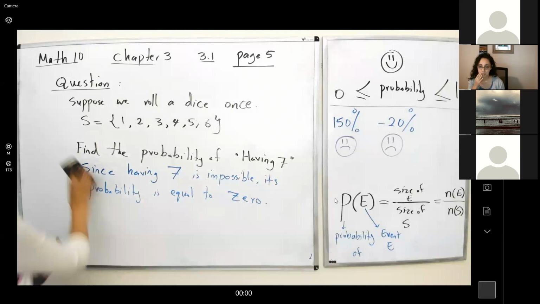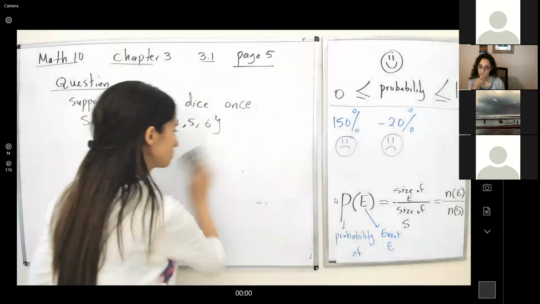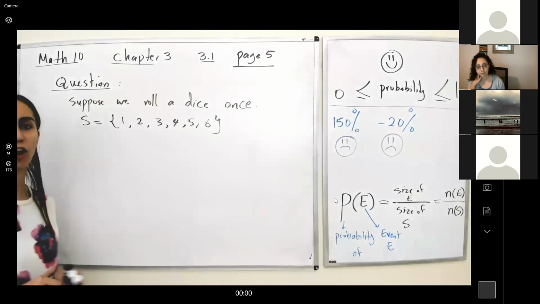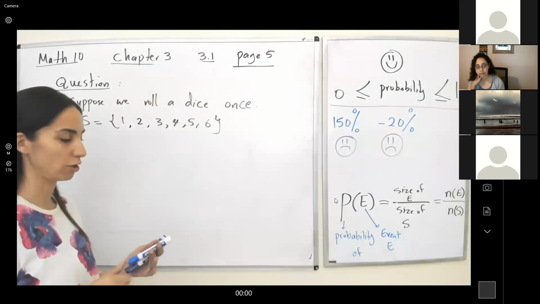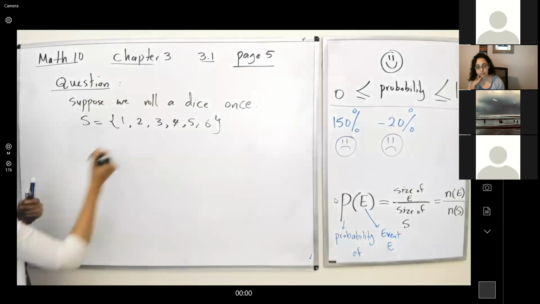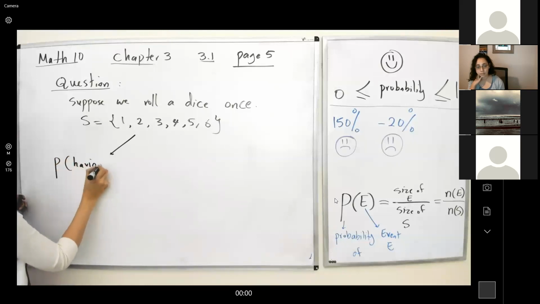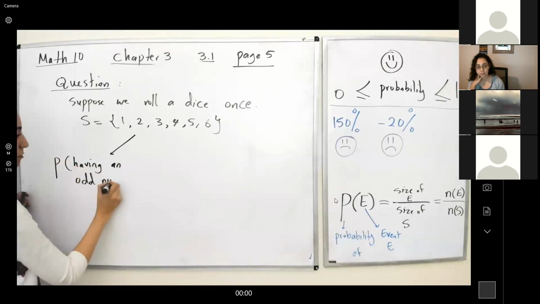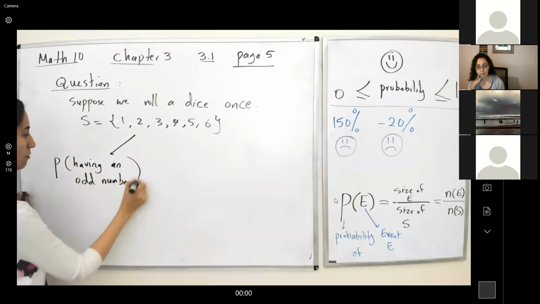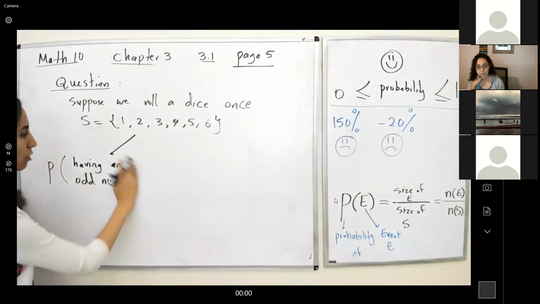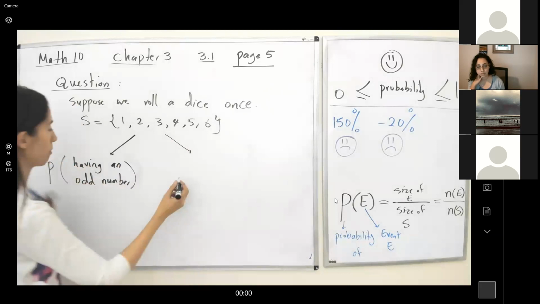So another question for you. Suppose I ask you to find the probability of the following events. Find the probability of having an odd number. Also, I ask you to find the probability of having an even number.